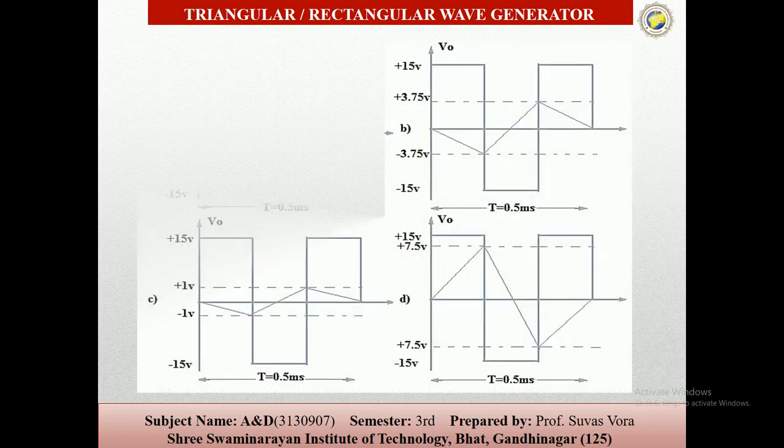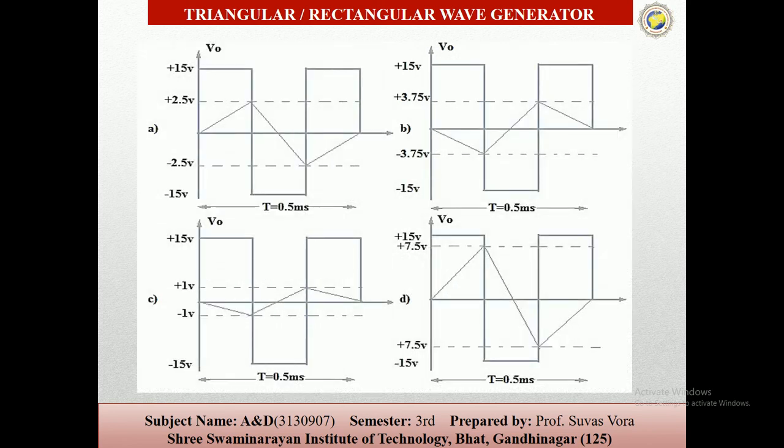So these are the upper and lower threshold voltages, as we saw earlier in the multivibrator, okay. So these are the upper threshold voltage and the lower threshold voltage, and we get the square wave.